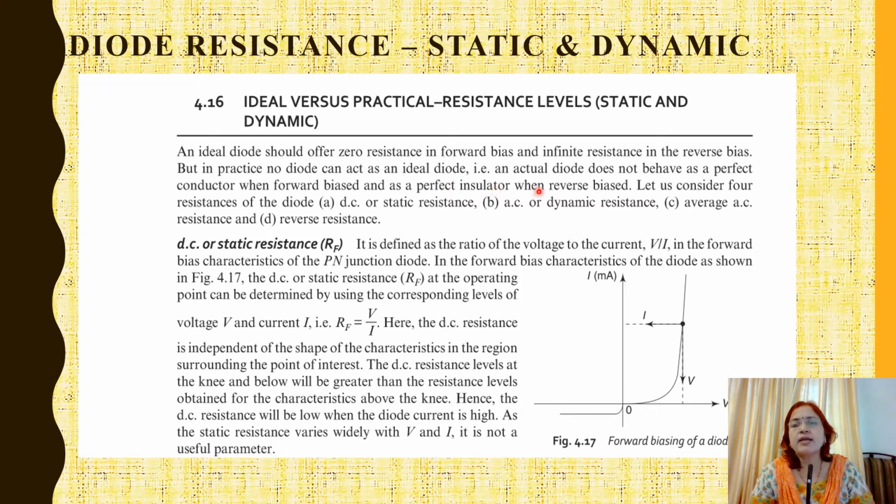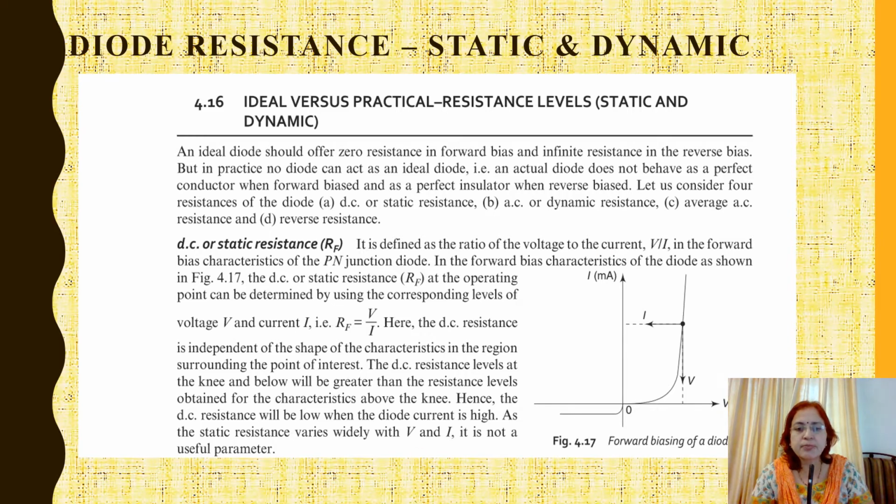That is, an actual diode does not behave as a perfect conductor when forward biased and as a perfect insulator when under reverse bias. So there are basically only two resistances to consider. First one is DC resistance or static resistance and second one is AC or dynamic resistance.